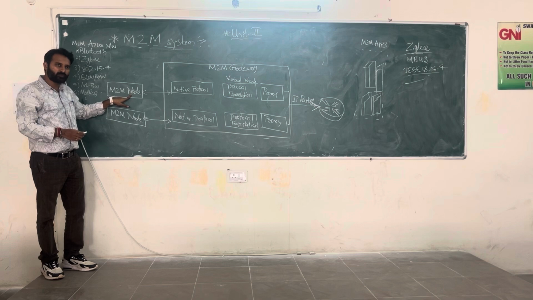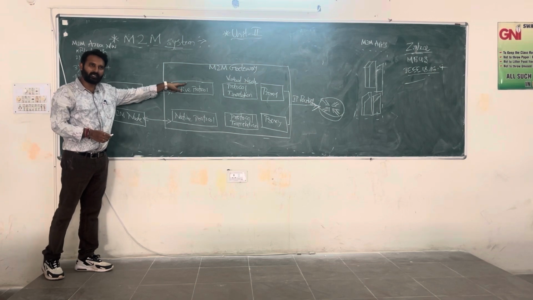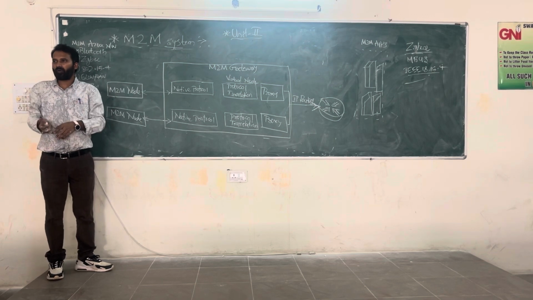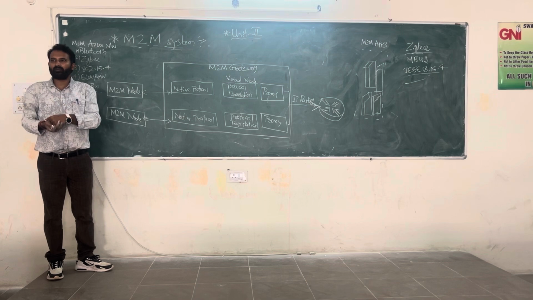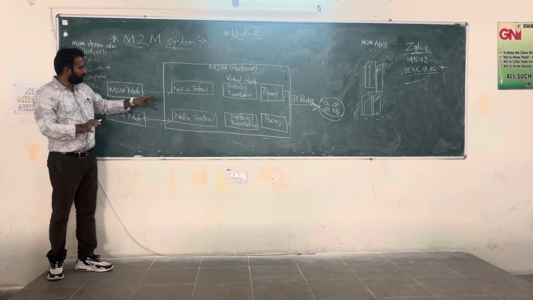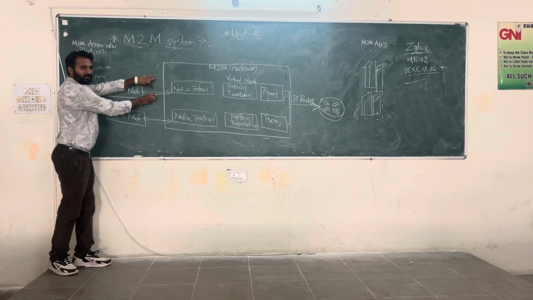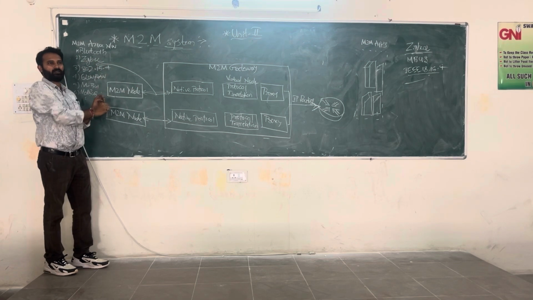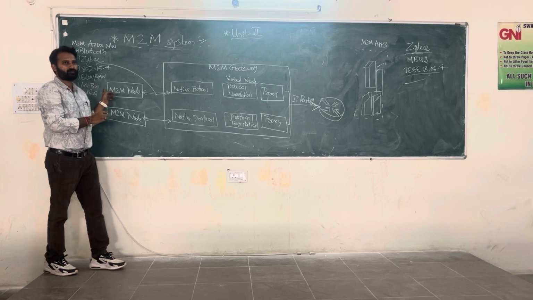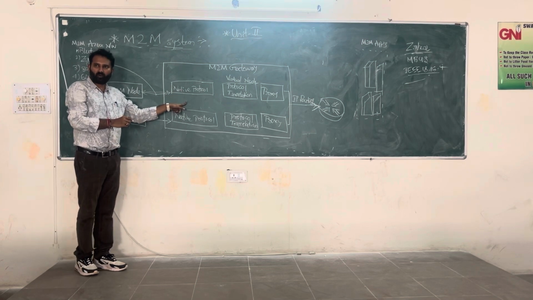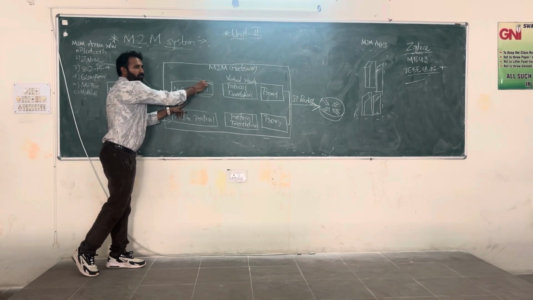So your M2M nodes communicate with the gateway with native protocols. Native means a limited range. Understandable? This arrow mark is nothing but these communication protocols. Clear? Native protocol.